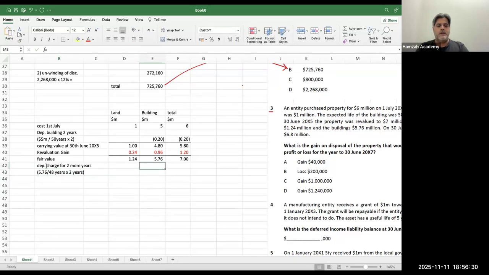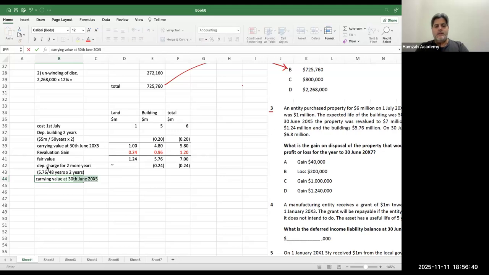So I will have 5.76 by 48 into 2. I get 0.24 over here, nothing over here. So I will have my carrying value at 30th June 20x7.